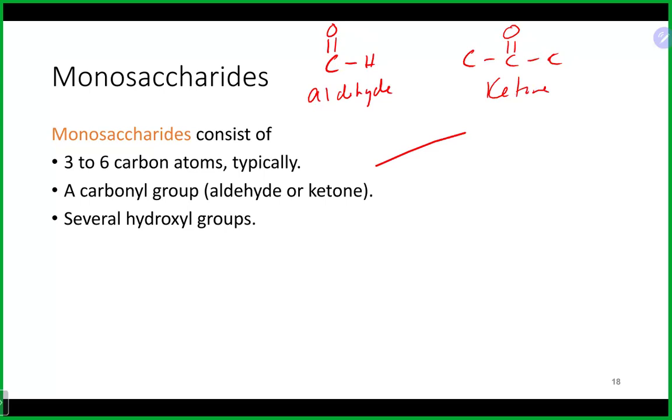So these monosaccharides will have one of these groups, and this is usually what is considered the most oxidized group. So they're usually drawn at the top of the monosaccharides when you draw them. And just like in organic chemistry, because the aldehyde group has that hydrogen, it has to be at the end.